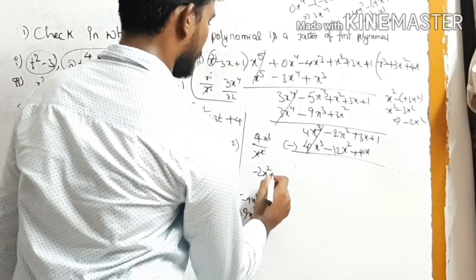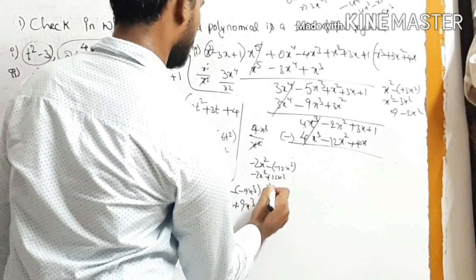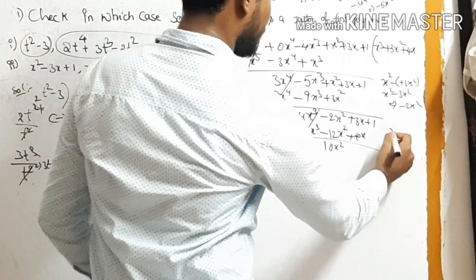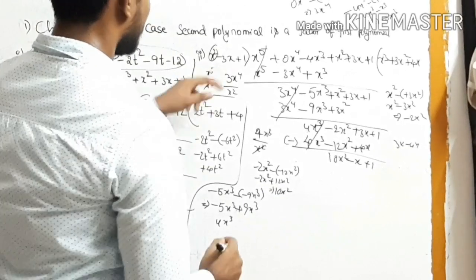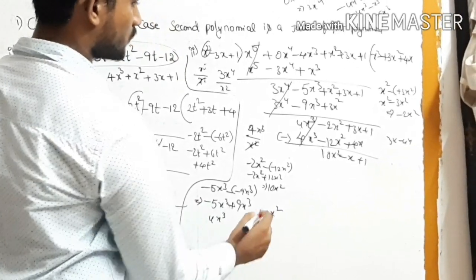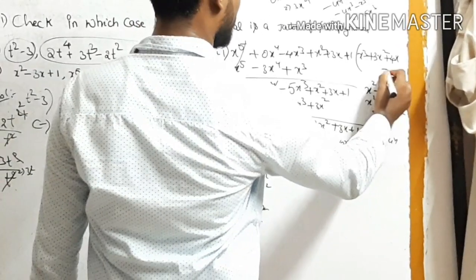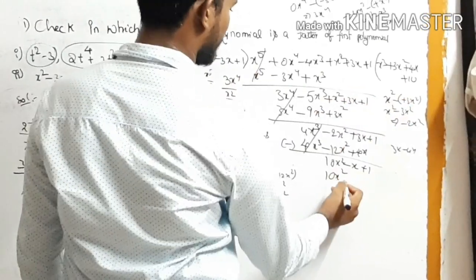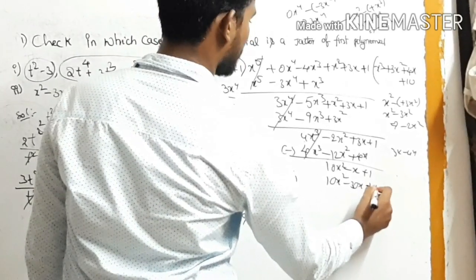Minus 2x square minus of minus 12x square, that is minus 2x square plus 12x square, 12 minus 2, 10x square. 3x minus 4x, that is minus x, plus 1, then 10x square minus 2. 10x square by x square, x square cancels, then plus 10. x square into 10 is 10x square, minus 3 into 10 is minus 30x, plus 10.